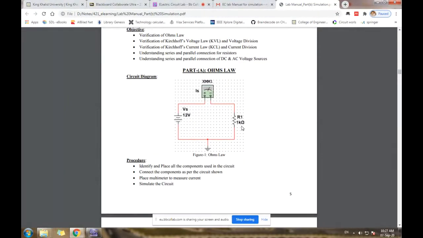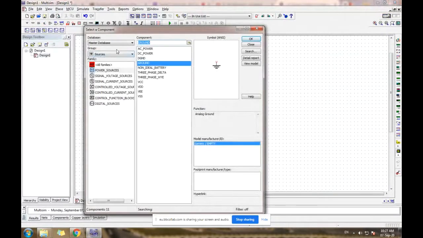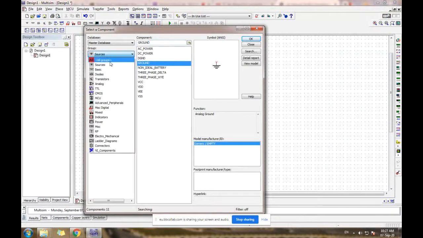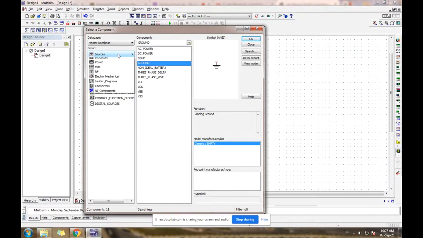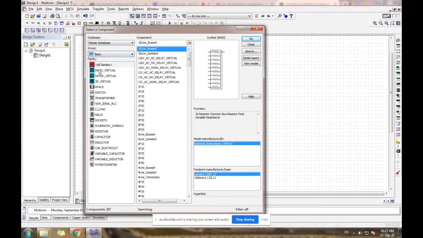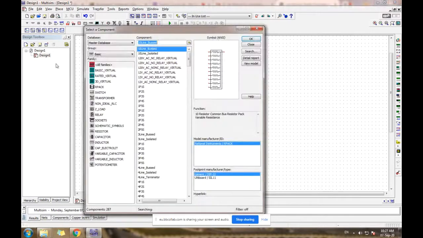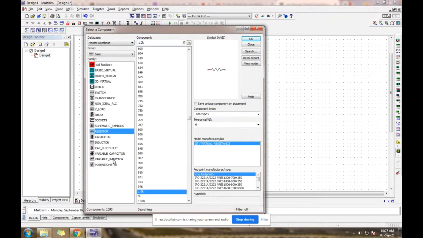The value of the resistor is 1 kilo. So let us select place component. This will be available in basics. You can select it from here, or directly you can use place basic, the second component. If you select this, here you have to select a resistor. So you click the resistor. The values of all the resistors will be present.